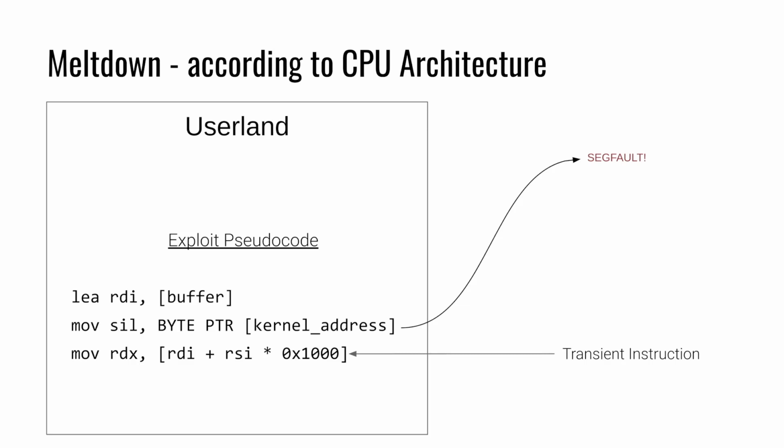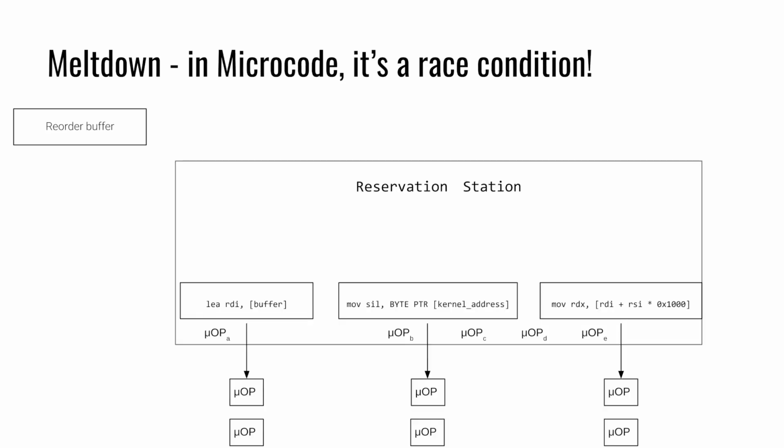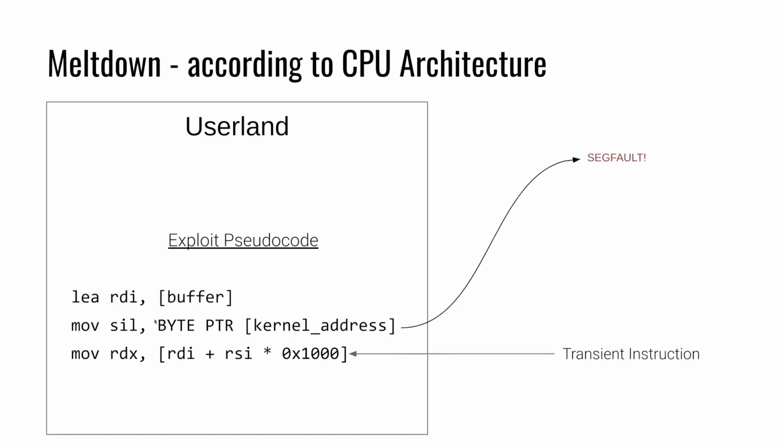Concretely, we haven't done anything yet. We may not have even loaded this buffer address into RDI from a concrete execution standpoint. But in the context of speculative execution, we do not have a guarantee that you segfault before this memory address is accessed.